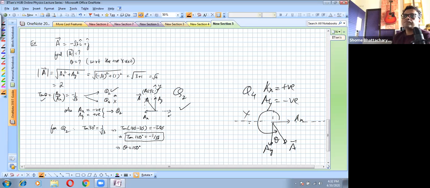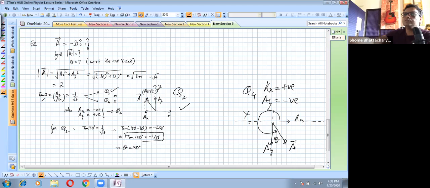And similarly, now you can see tan theta is minus 1 by root 3 and theta is in second quadrant. So in second quadrant, which formula do we use? We use the formula that tan theta is minus tan of 180 minus theta. Now tan 30 is 1 by root 3. So minus 1 by root 3 will be tan of theta.